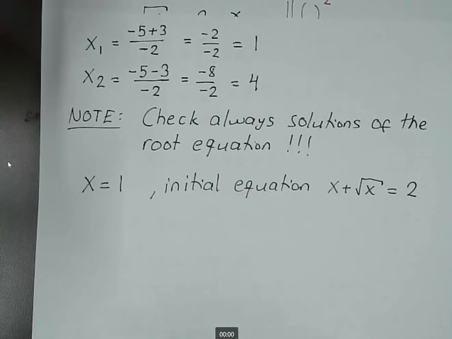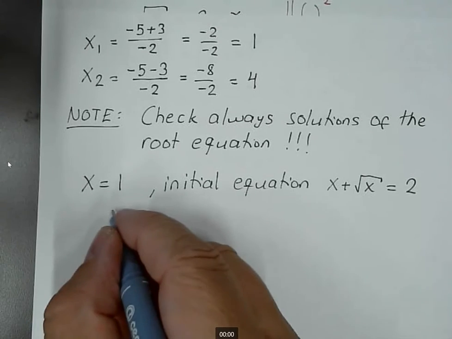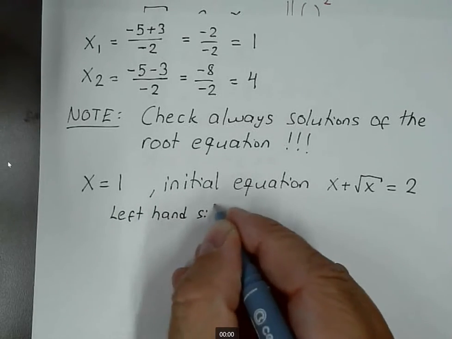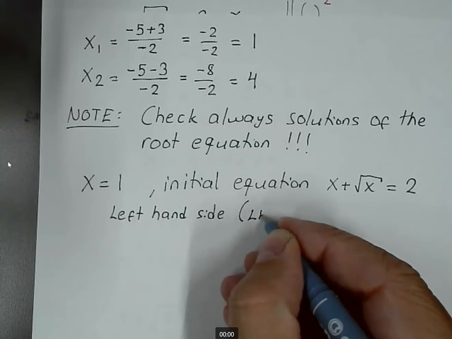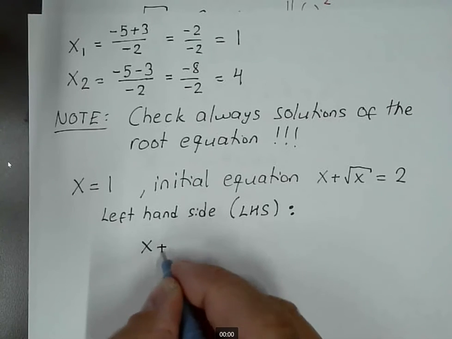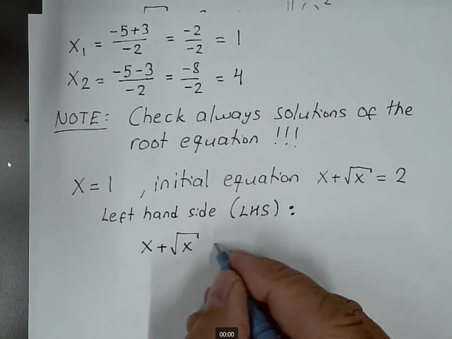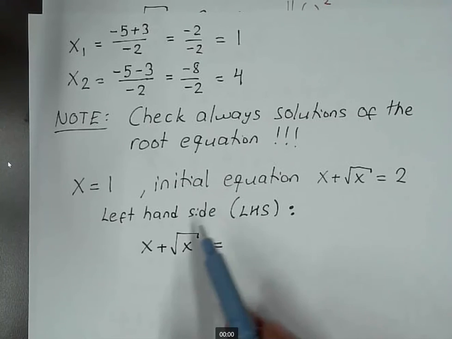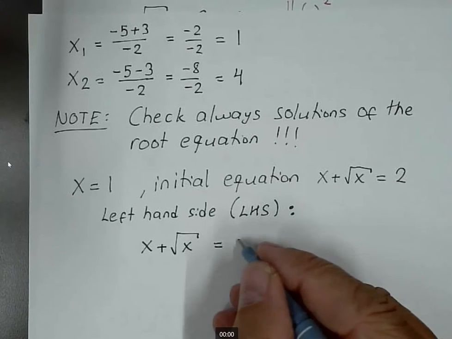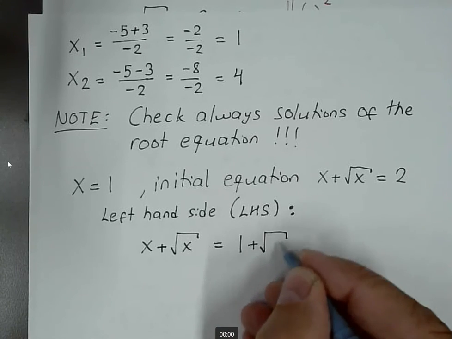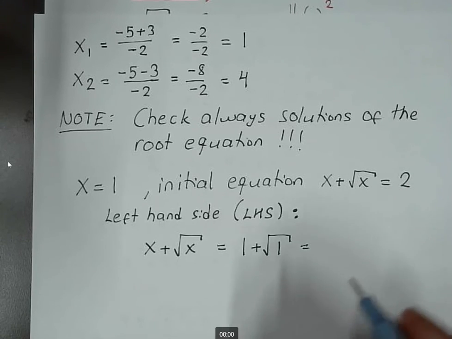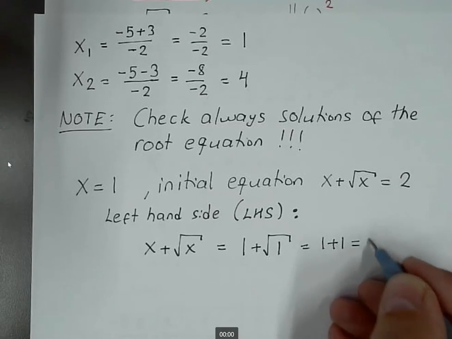So the left hand side, or LHS, x plus square root x. If we substitute this 1 in the place of x here, we will get 1 plus square root of 1. Well, square root of 1 is same as 1, so we have 1 plus 1 equals 2.